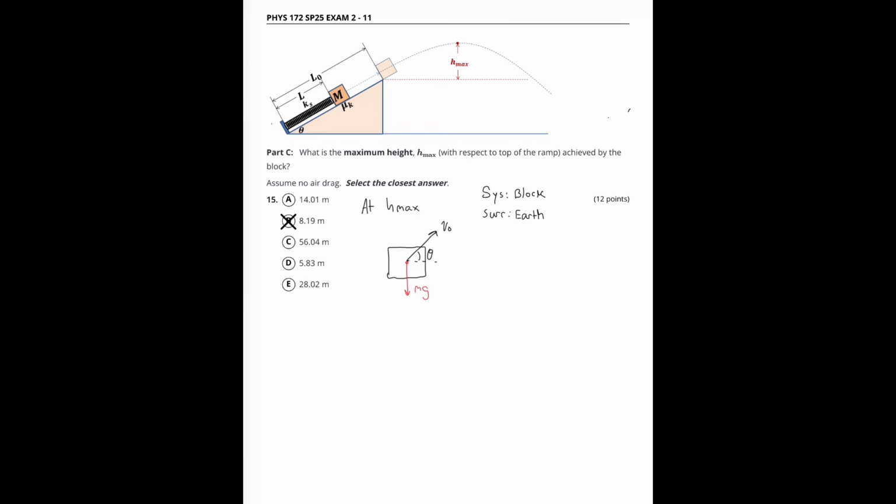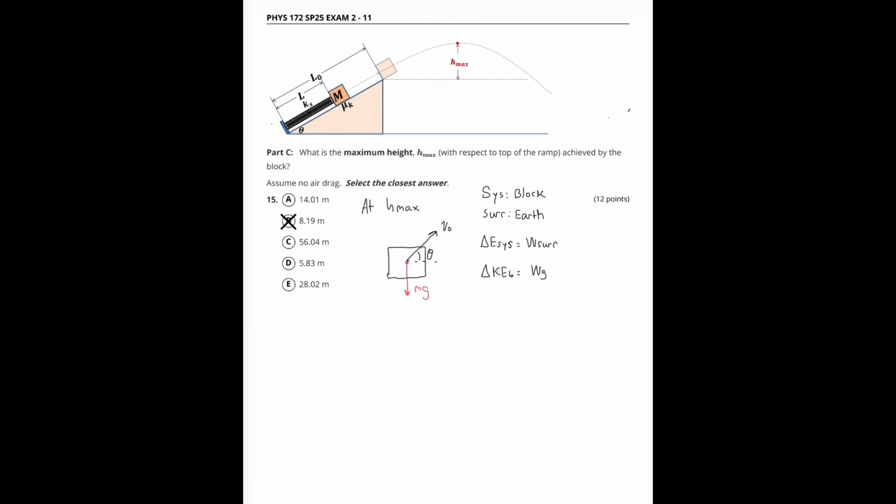So from the energy principle, we can say the change of energy of the system is equal to the work done by surroundings. So we get the change of kinetic energy of our block is equal to the work done by gravity.